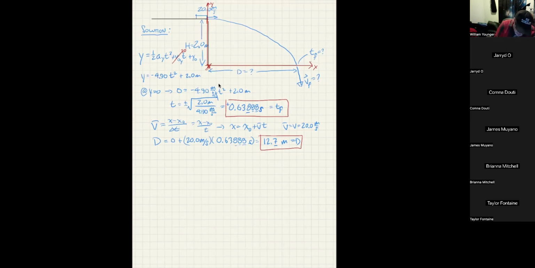So I'll draw another coordinate system rather quickly. I'm going to say the y-axis goes up and the x-axis goes to the right.